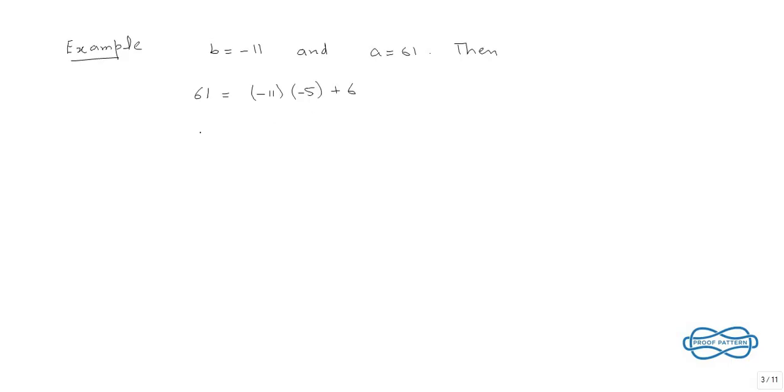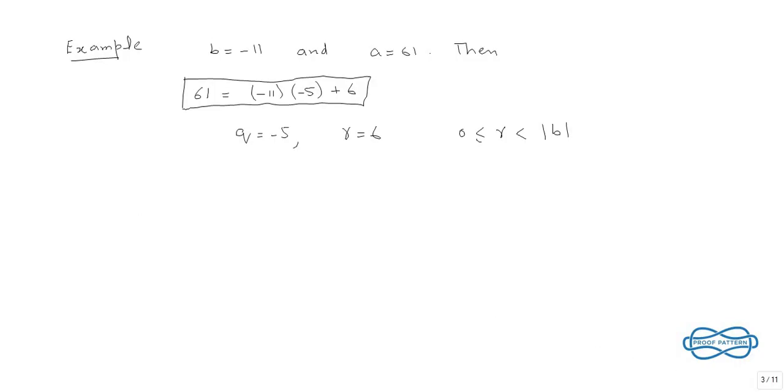If we see here, q is equal to minus 5 and r is equal to 6, and clearly this r is greater or equal to 0 but less than modulus of b. Modulus of b is 11. So it is clear that a and b can be written in this form by finding q and r.